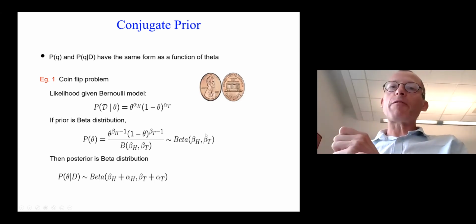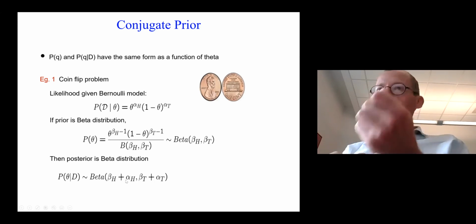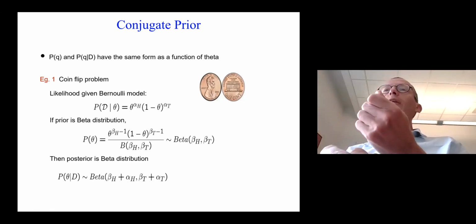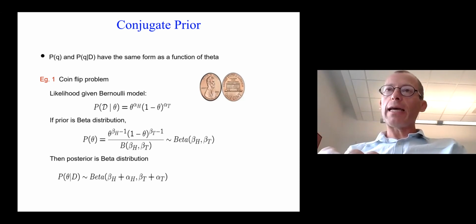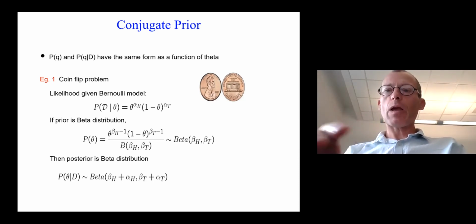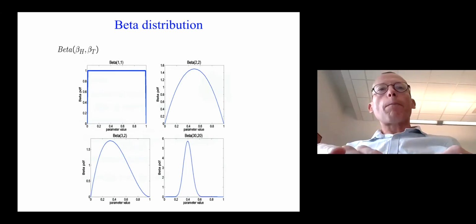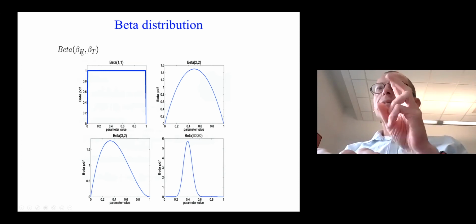The difference between the previous beta distribution and the current one is that the new beta distribution includes the observations: beta_H plus alpha_H, and beta_T plus alpha_T. So we get back a beta distribution whose parameters now include the observations that we have. Okay, so let's see an example and see why this is useful. One thing to realize is that the prior basically tells us two things.